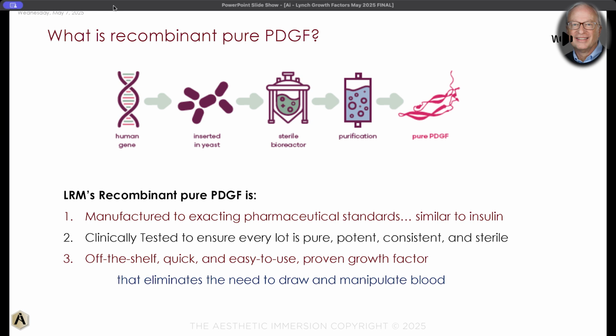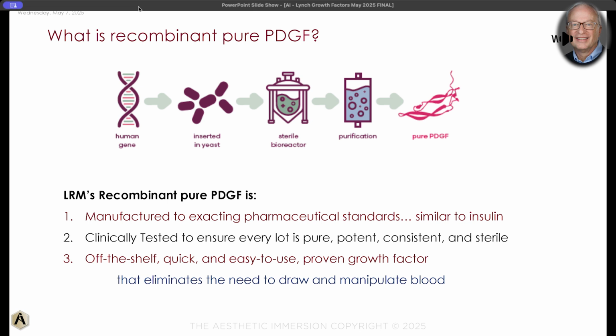So then you grow the yeast cells up like you're brewing beer. And the yeast cells produce one, and I'm going to emphasize one, human protein. There's no other human component to this. One human protein, which is PDGF. And then you can purify out the PDGF out of a sterile pharmaceutical bioreactor, and you have pure PDGF.